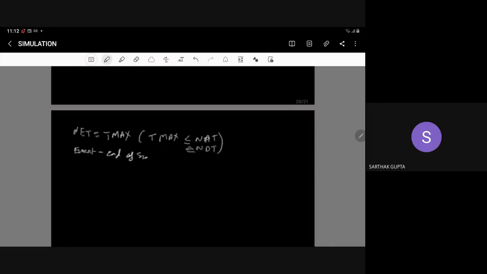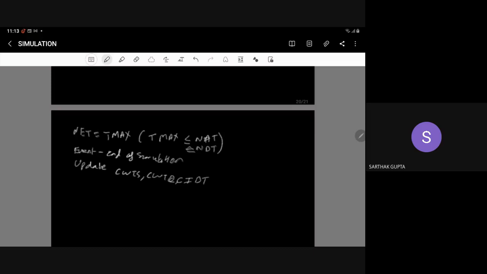When we end the process, you have to update the output variables: update CWTS, CWTQ, CIDT.